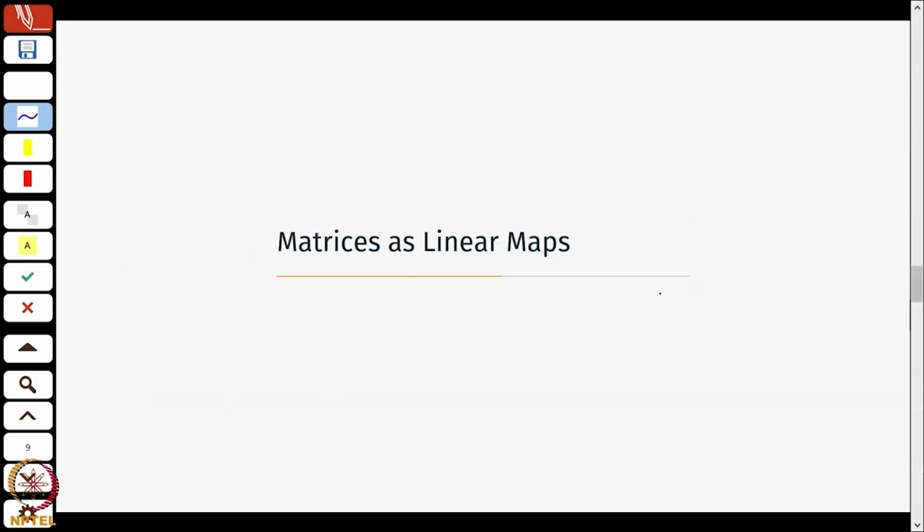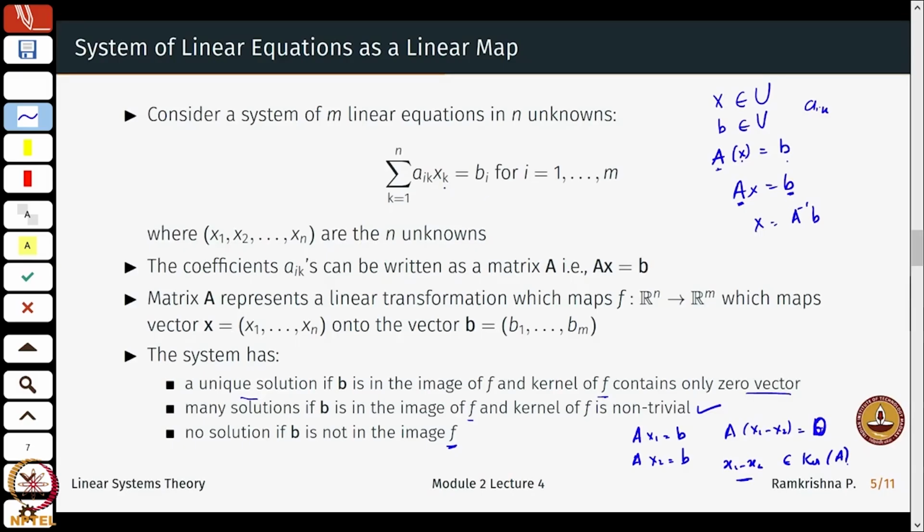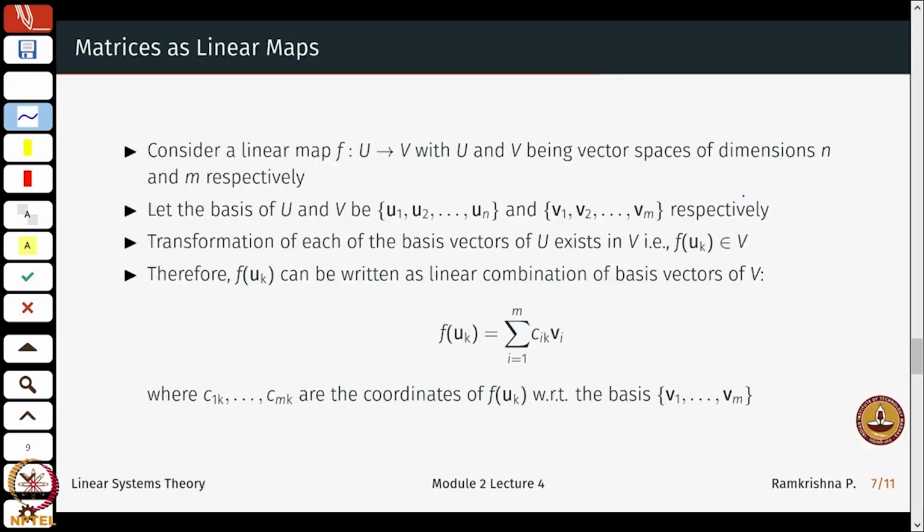So, the map from Ax equal to b was essentially a map where all these a's were defined as elements of a matrix A. So, let us now consider a linear map f going from u to v, and let us assume that they are of dimension n and m, not necessarily of equal dimensions.